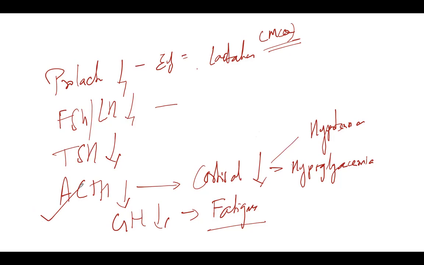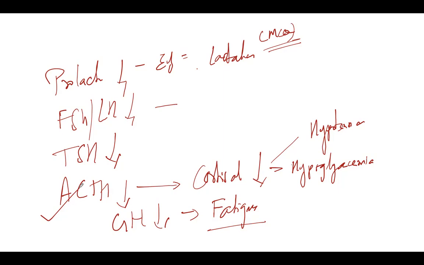It is a life threatening one. Otherwise the most common and early feature will be lactation failure. FSH, amenorrhea, TSH, features of hypothyroidism are present, but they are not the early features of Sheehan syndrome.